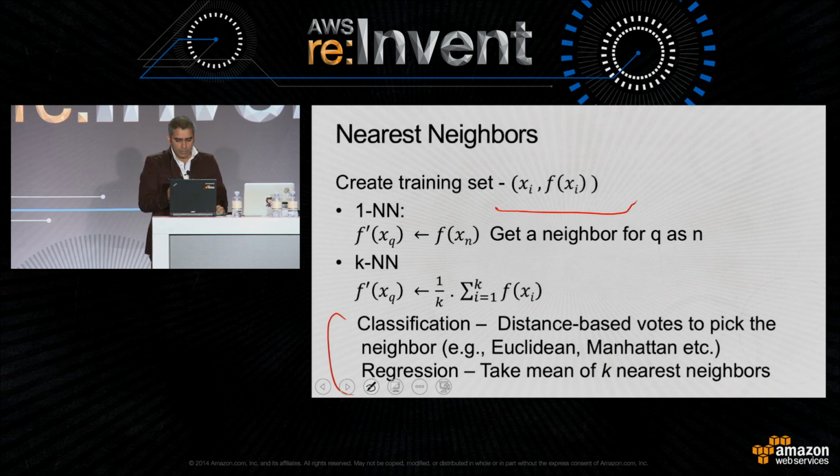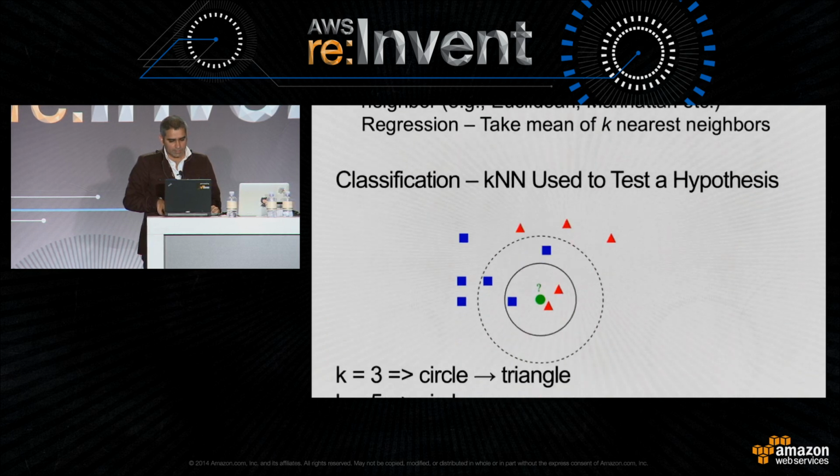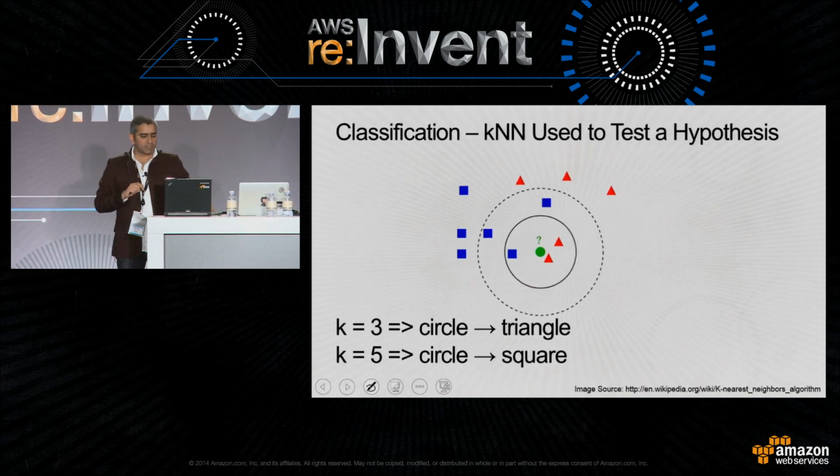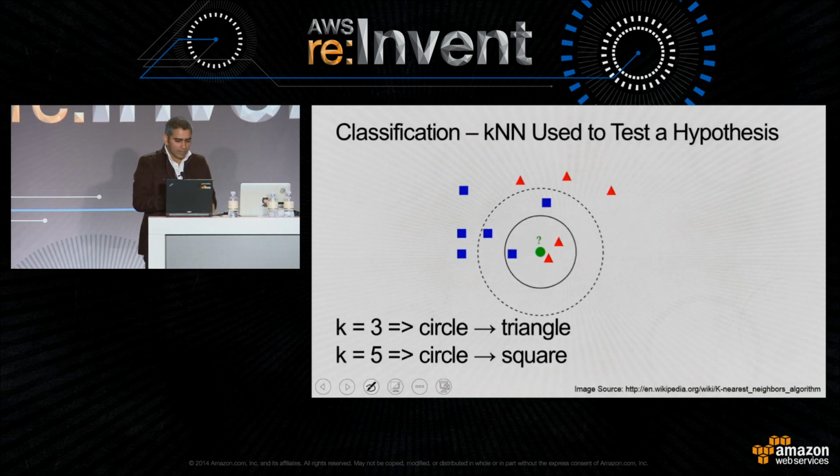So let me first show you this. Take a look at this picture directly from Wikipedia. Let's say all these observations are given to you and they have two different attributes. Either they could be squares or triangles, right? And you have a spot here, and let me make it a little bit readable.